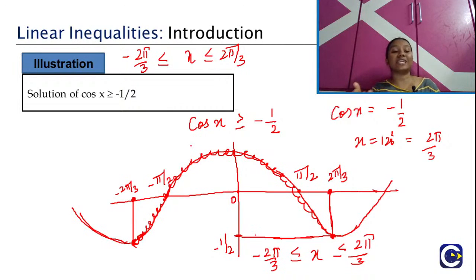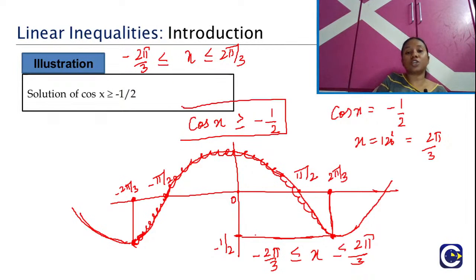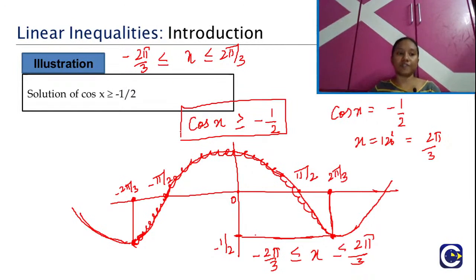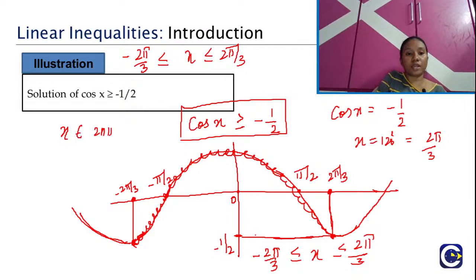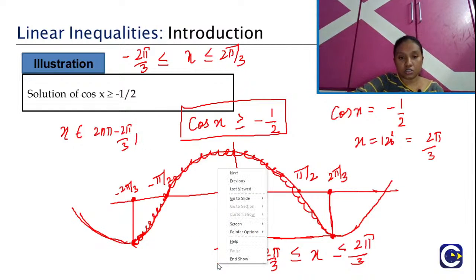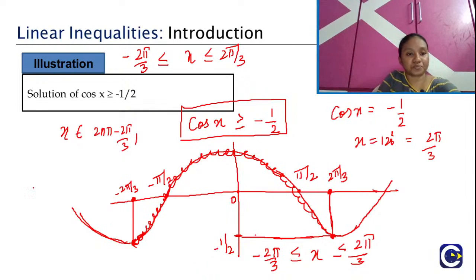If we want to get a generalized solution for this, so here it is related to cos theta equal to cos alpha. So what is the generalized solution then? 2n pi, which means for this my x belongs to 2n pi minus 2 pi by 3, comma, so let me write it here.